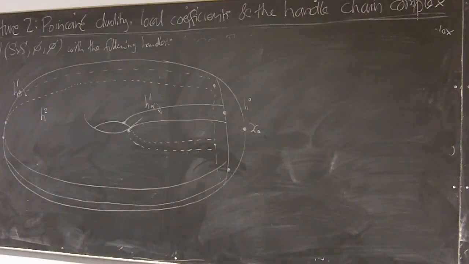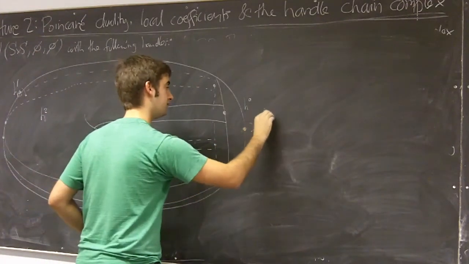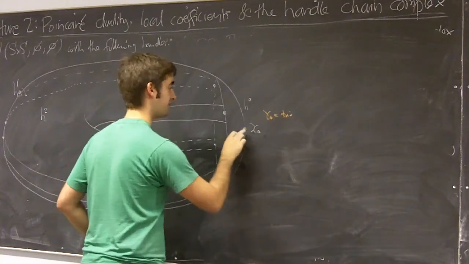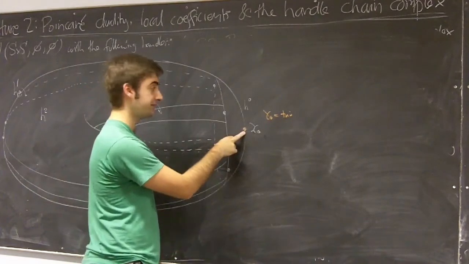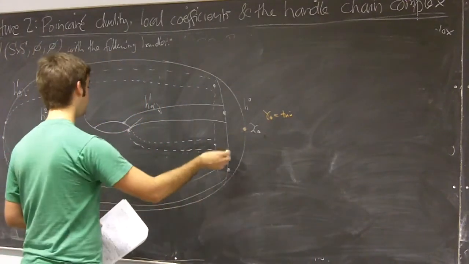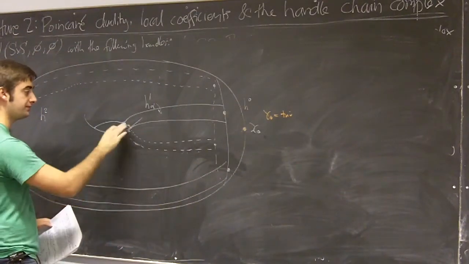Now we need to thread all our handles. So first of all, gamma naught is just going to be trivial. It's just the path from this point to itself without moving.